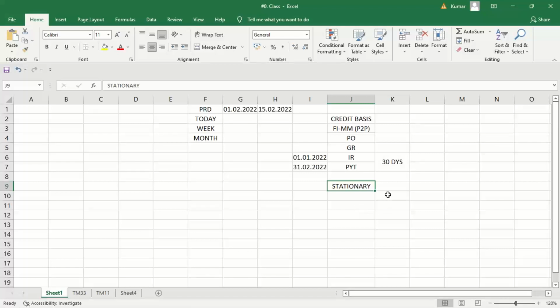Altogether it is going to be worth, let's suppose, 5,000 or 6,000 or 7,000.